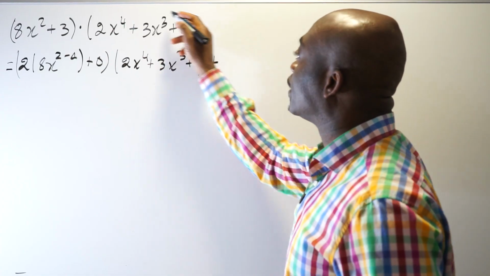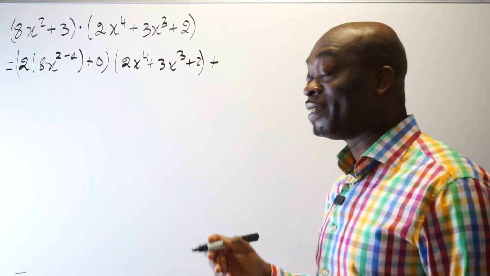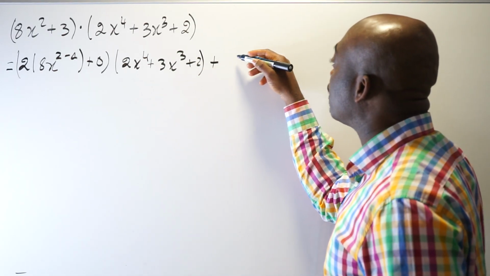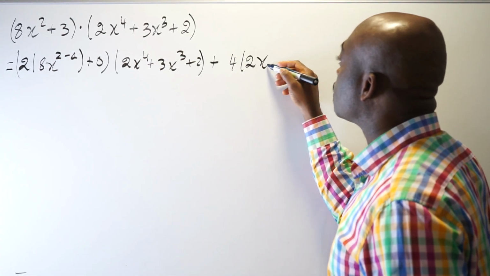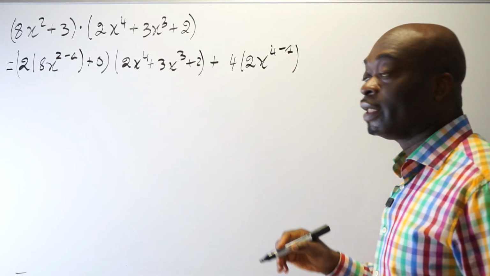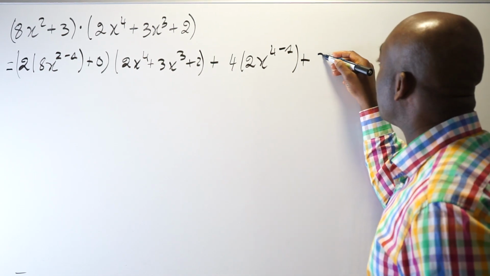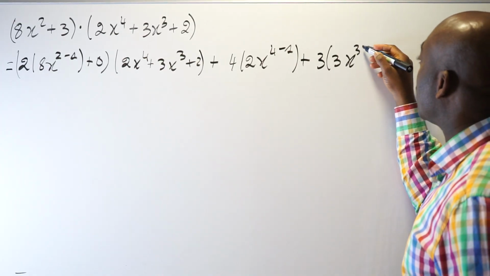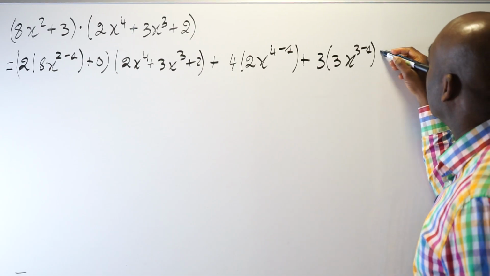Plus now the derivative of the second function, multiplied by the original first function. So that's how it works. What's the derivative of this one? That will give us 4 times 2x to the power 4 minus 1, plus 3 times 3x to the power 3 minus 1, plus 0 also.